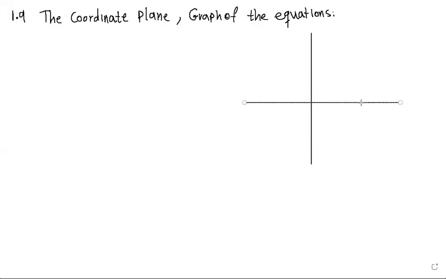These two lines are perpendicular and intersect at a point. This point is (0, 0), called the origin point, or I can define it as O. This is my x-axis, and this is my y-axis.